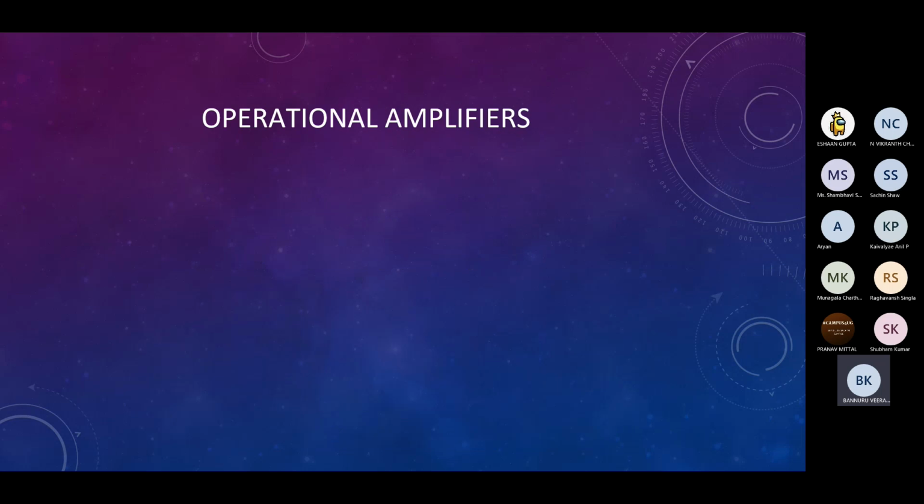And let's begin with operational amplifiers. As the name suggests, an amplifier is a system where, if we give some input, we get the same function as output but with larger amplitude.